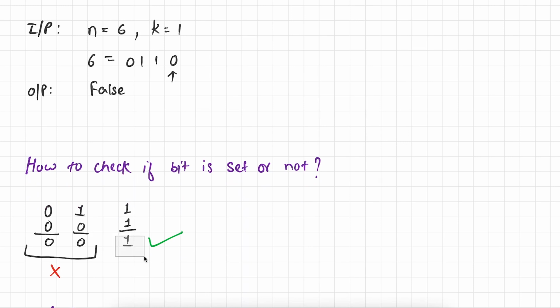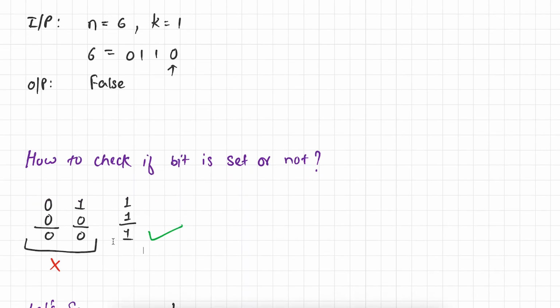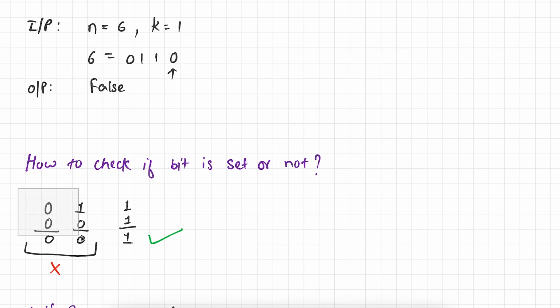We get 1, because 1 into 1 is 1. So after looking at all three examples, we come to the conclusion that if we multiply 1 with 1, we get 1. It means we can figure out if the bit is set or not. How? If the bit is set, it means the value of the bit is 1, and if we multiply 1 with 1, we get 1. It means the bit is set, right?